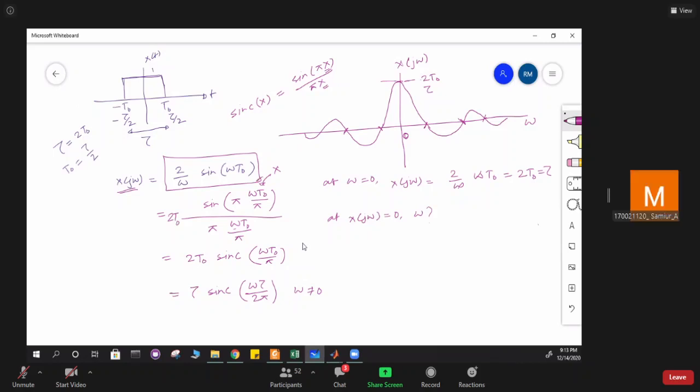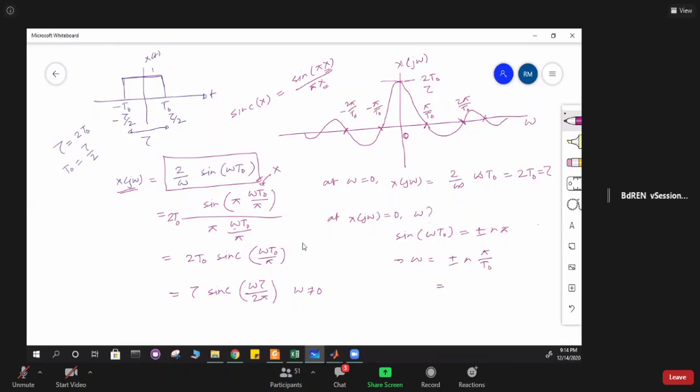The angle of sine should be plus minus n pi. Yes, the angle of sine is omega t0, and it should be plus minus n pi. So omega will be plus minus n pi by t0. So these points will be pi by t0, twice pi by t0, and here minus pi by t0, minus twice pi by t0.